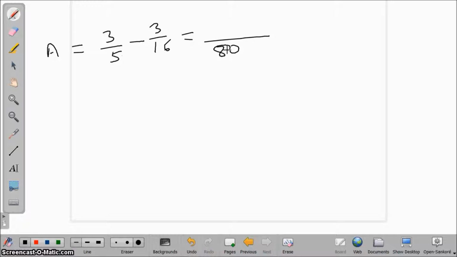So 5 16s are 80 and 16 3s are 48, and 16 5s are 80 and 5 3s are 15. So 48 minus 15 will come 33/80. So this is A's new share.